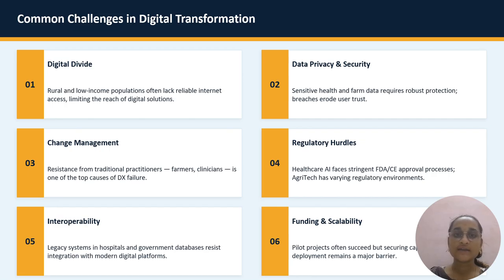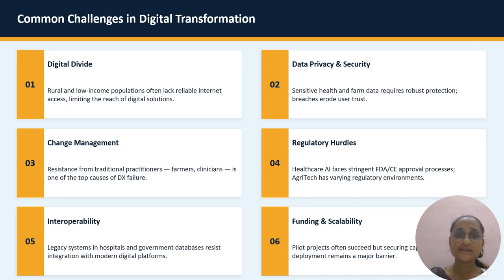Fourth one is regulatory hurdles. Healthcare AI faces stringent FDA approval processes. Agri-tech has varying regulatory environments. Medical AI needs years of government approval before launch. Farming tech faces different rules in every country or state, slowing rollout.